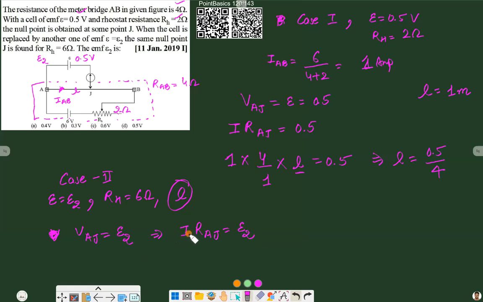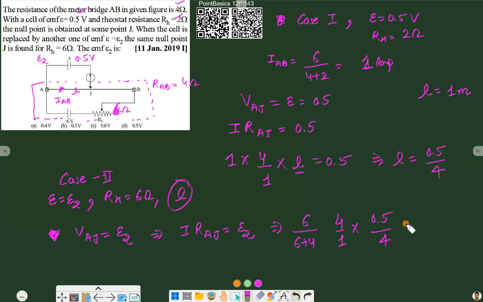It is I times RAJ equal to E2. The value of I will change because the rheostat, which was previously 2 ohm, is now 6 ohm. So the value of I will become 6 by 6 plus 4, and now RAJ will again be 4 divided by 1 times length L, and length L is 0.5 by 4.